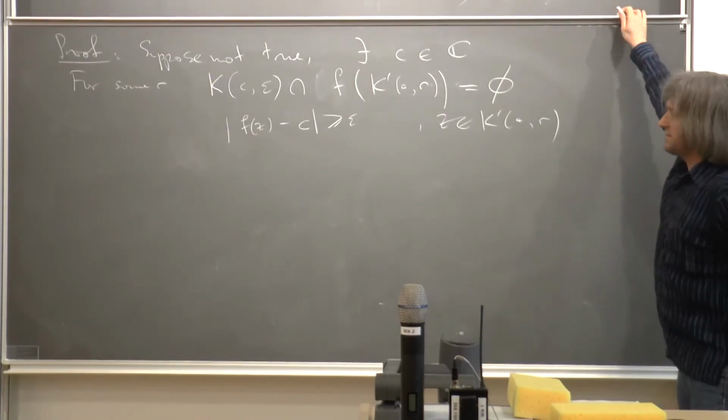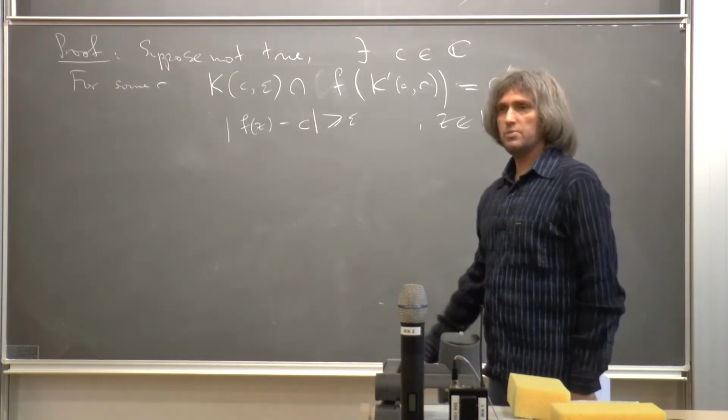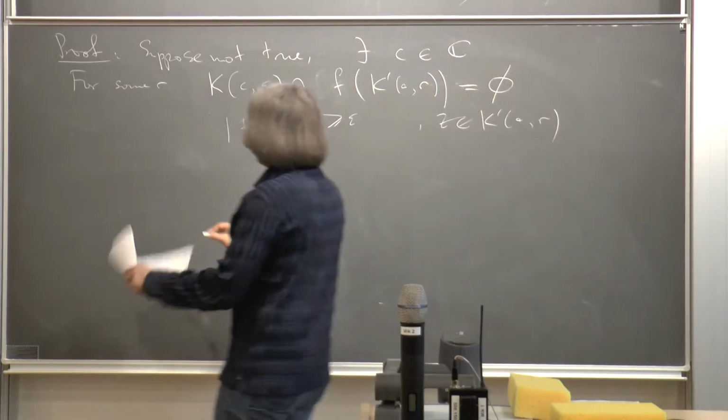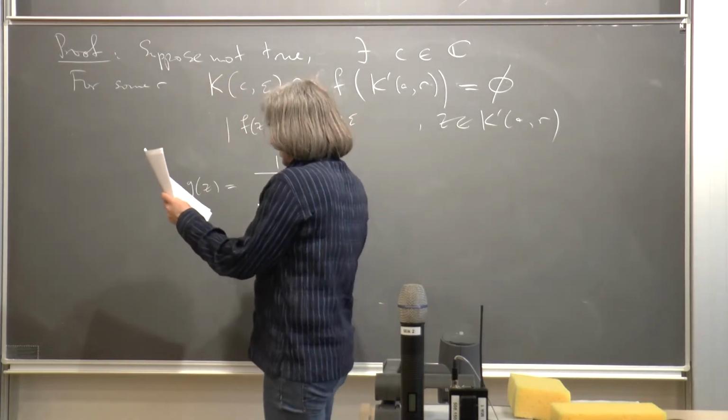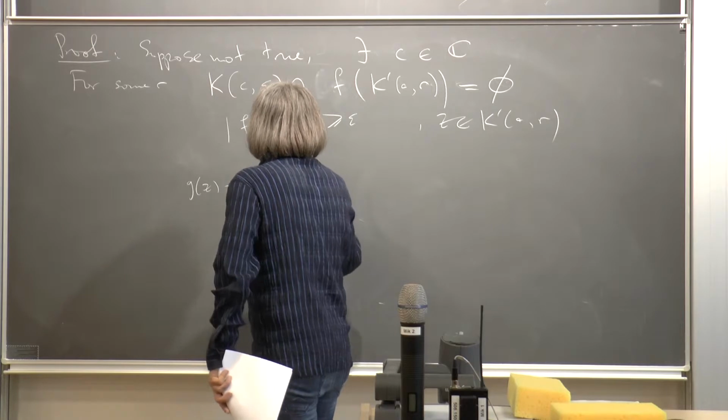Well, of course, if something is guaranteed not to be 0, you invert it. So let's take g of z, which is 1 over f of z minus c.